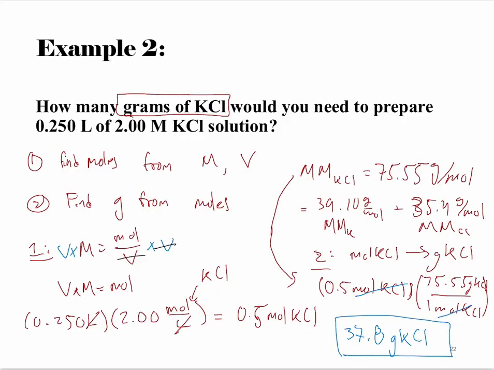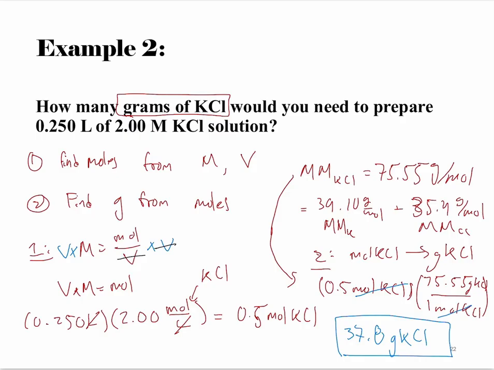All right, and what this means is that if I had 0.25 liters of water, and I wanted to make a 2 molar solution, I would need to weigh out 37.8 grams of potassium chloride and dissolve it in that volume to get the concentration that I want. Right, so if I ask you, make a solution of 2 molar potassium chloride, and a quarter liter beaker is the only thing you have available to you, then you would say, well, my final volume is going to be 0.25 liters.